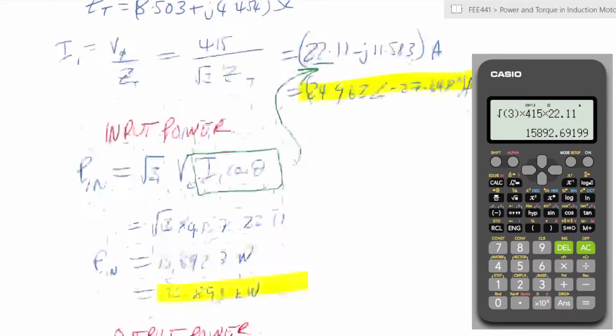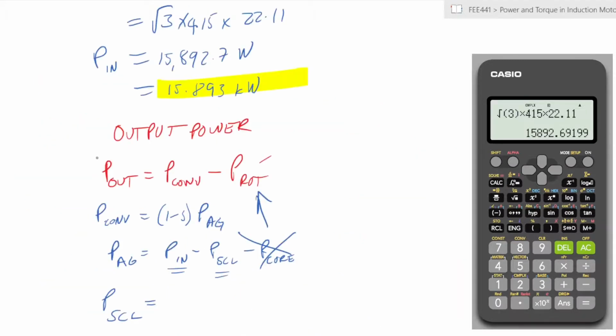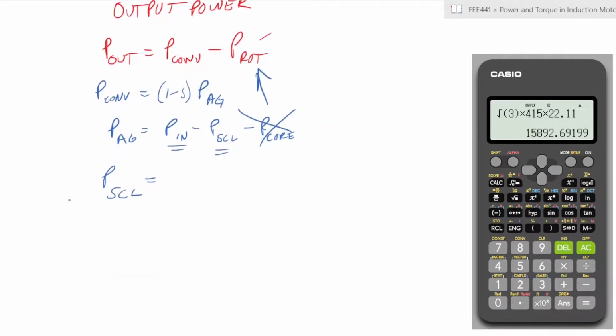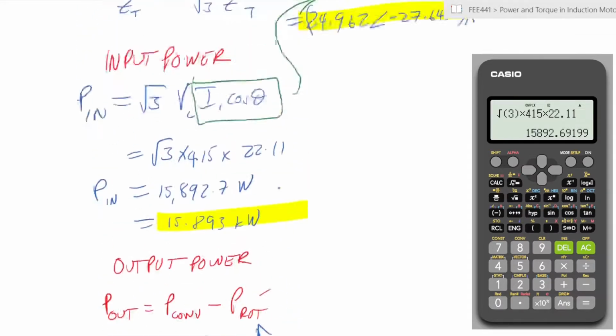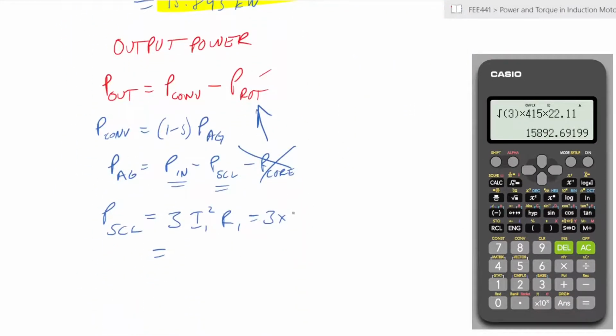Stator copper losses, as we said yesterday, is simply the heat lost in the resistance, that is R1. So we can say that it is 3 times I1 squared times R1. We take the full quantity of I1 squared, not the real part only.